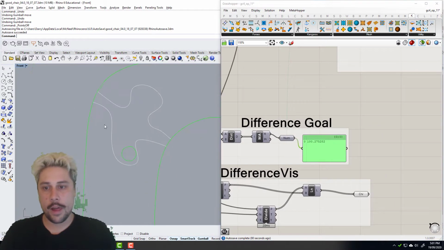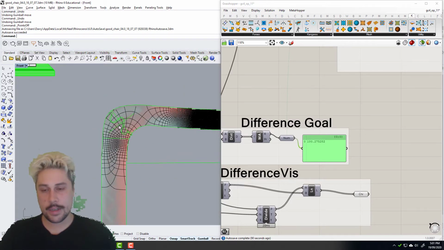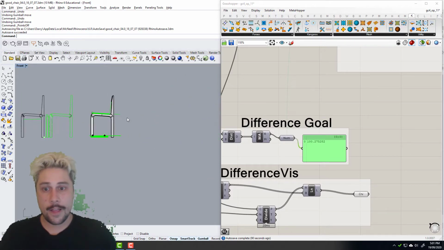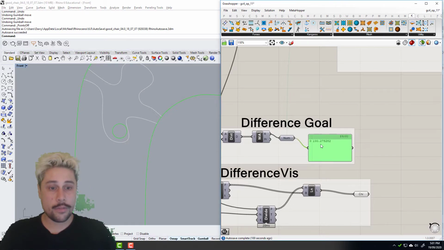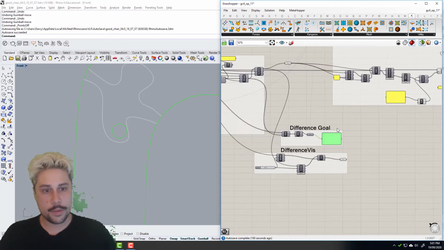Essentially, I want to draw this as the designer and go, yep, this curve is right because it allows the timber to fit neatly together, and it's kind of drawn along the stress lines. I want a result that's similar to that, right? So if I minimize this, it's going to be as close to the original curve as possible.